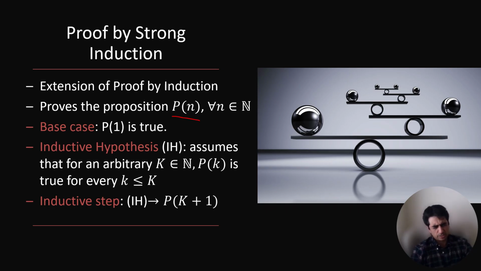The proposition is a sentence or a statement that is either true or false. The base case, because the domain of n is all natural numbers, should prove the proposition P of n for the lowest value of n. In this case, the lowest value of n is 1. So the base case proves that P of 1 is true.